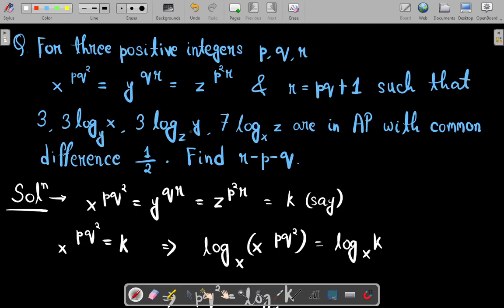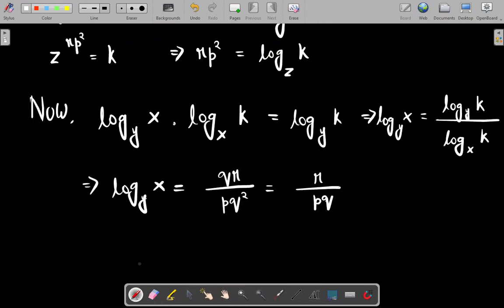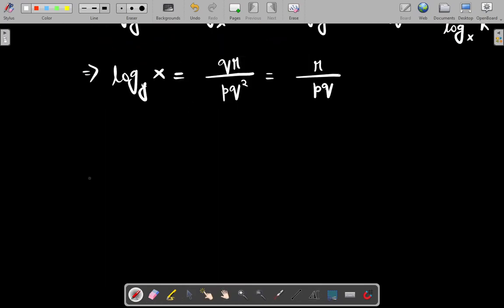Okay, now let us find the value of log y base z and then log z base x. So again I'll apply the same formula here. Log of y base z times log k base y, say.